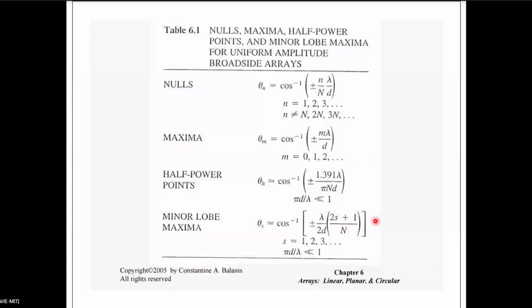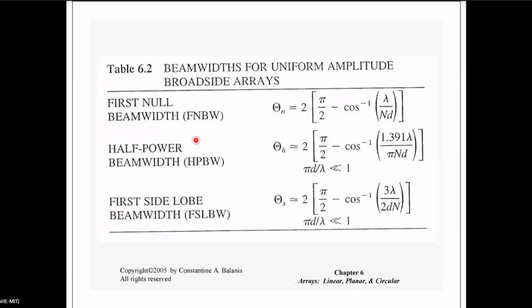Next, first null beam width, FNBW. How do you get the first null beam width? Pi by 2 is the direction of maxima, and this is the null. Direction of maxima minus direction of first null, into 2, gives the first null beam width, capital theta n.